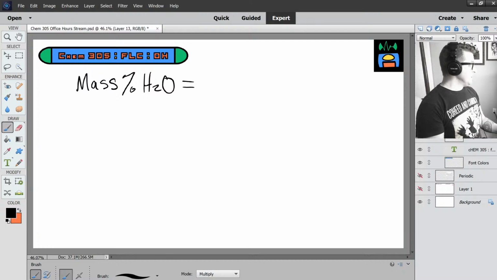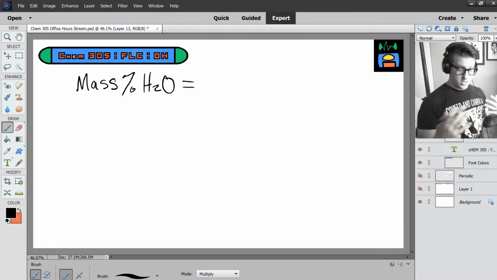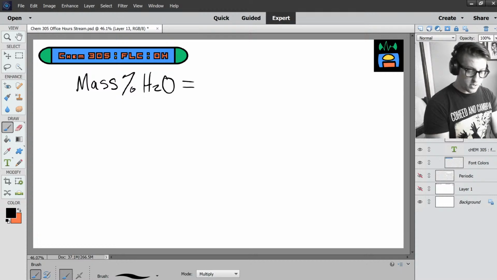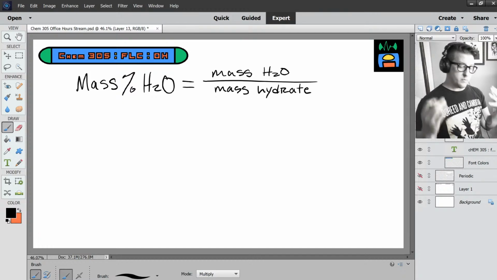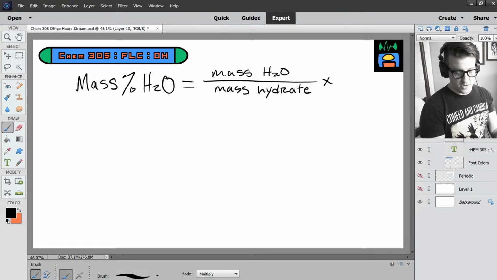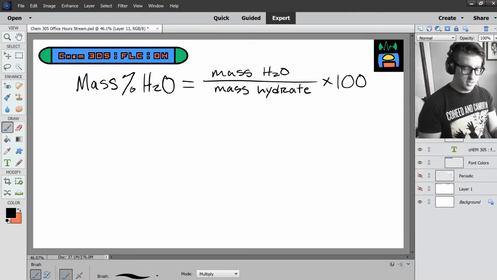So the mass percent of water is going to be equal to the mass of water divided by the mass of the hydrate. All right, so you find the total mass of the hydrate and the mass of water in the hydrate, divide one by the other, multiply by 100.